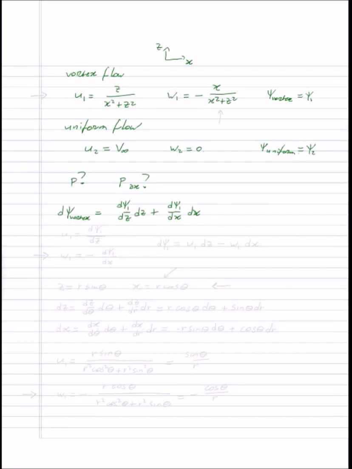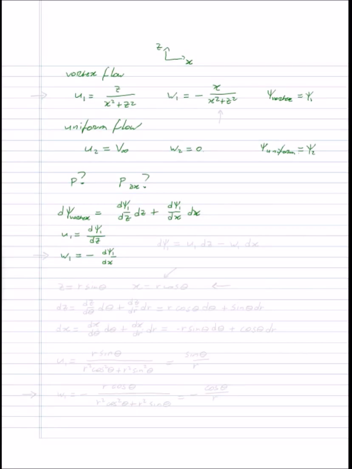Now we know that there is a relation, that's the definition of psi, that the velocity in x direction is defined as d psi dz, and for w we have minus d psi 1 dx. So by definition you've got these two relations. So we can use those in that equation for d psi 1.